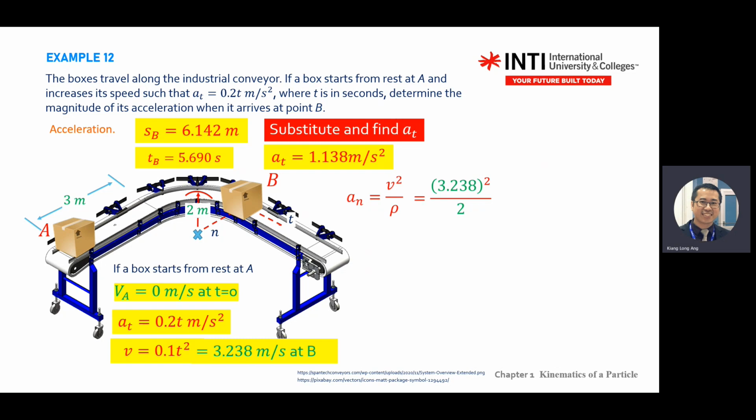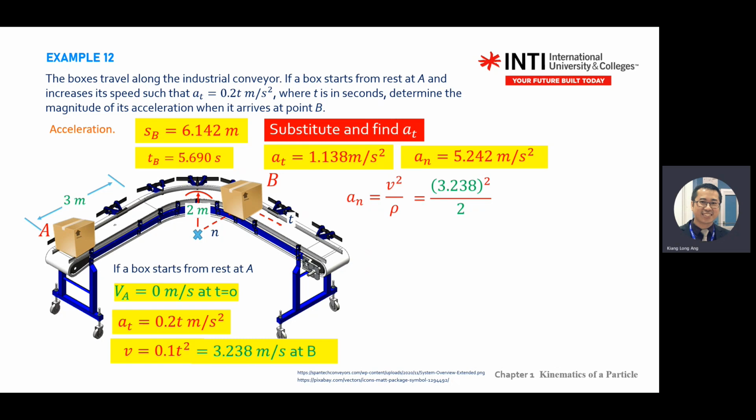What about the normal? Most of the students stop at AT, they forget about the AN. So recall AN equals V squared divided by rho. Rho, the radius, is 2 meters given. Substitute the velocity you found just now. You get tangent acceleration, normal acceleration.